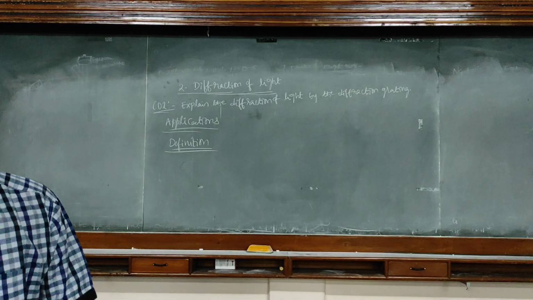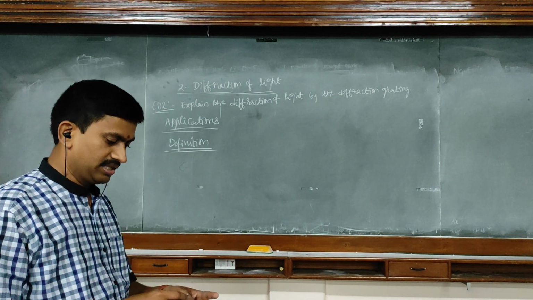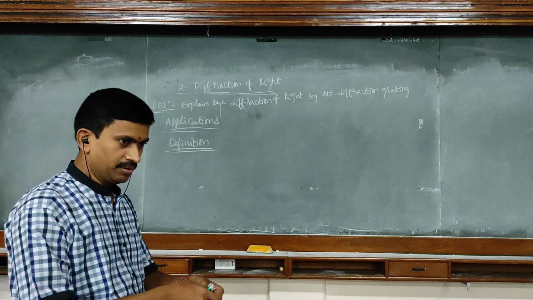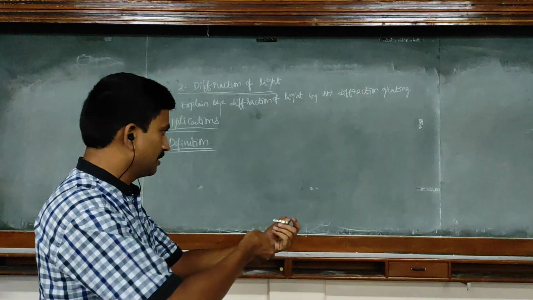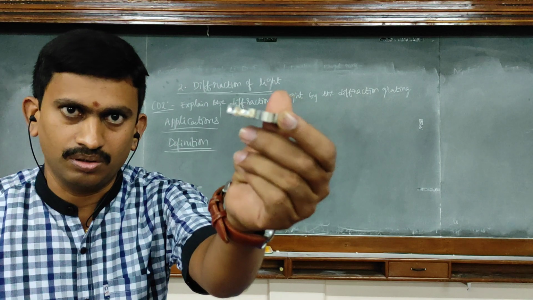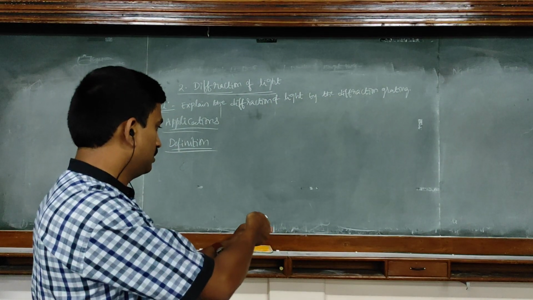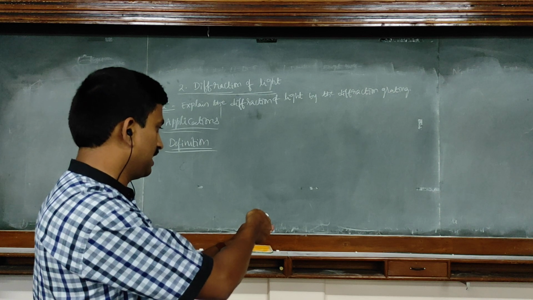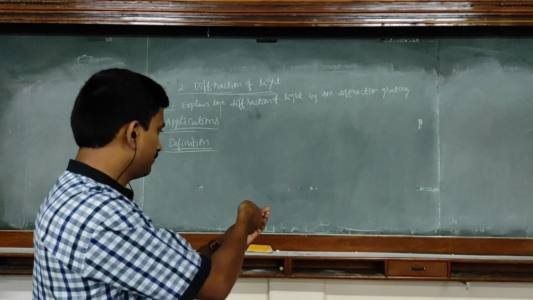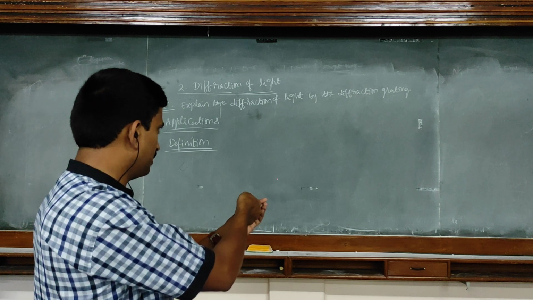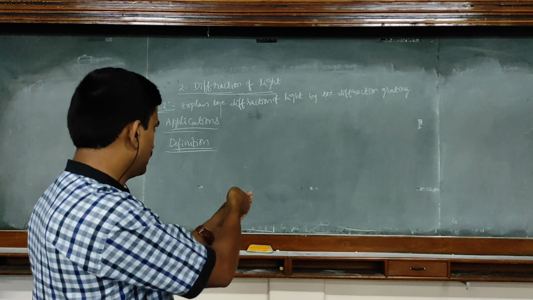Otherwise, I will explain the same aperture case with another small pinhole. For example, here you have a small pinhole. If I keep this as a block, then it acts as an obstacle. If I keep this small pinhole, then the light can propagate through it and you can see the light on the board also. Right?